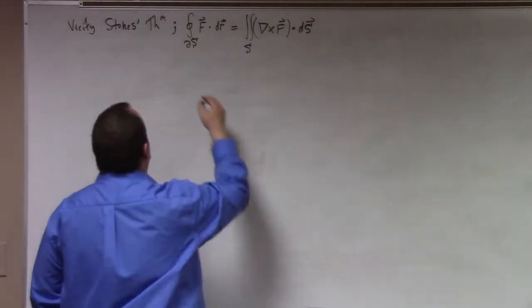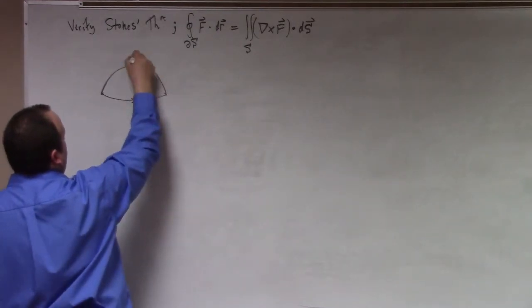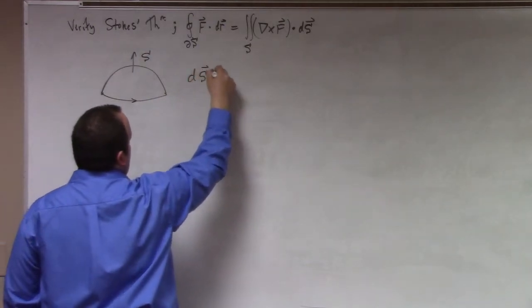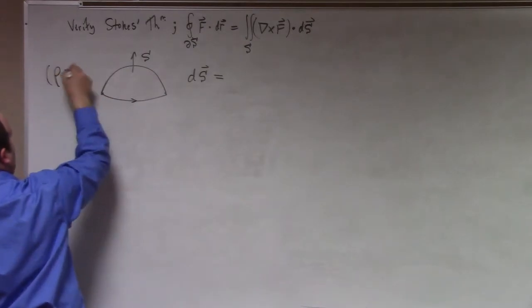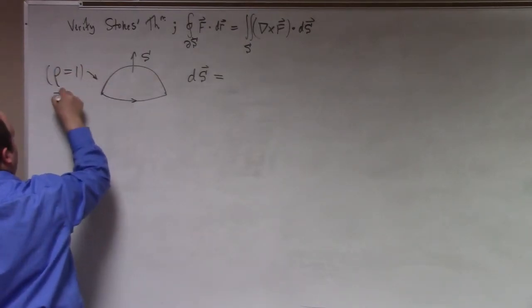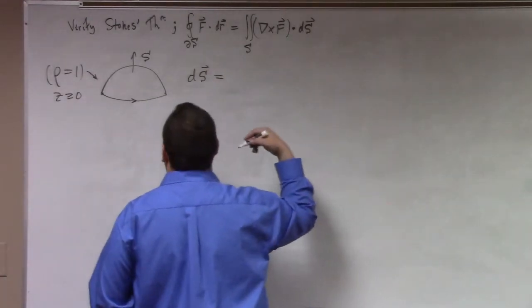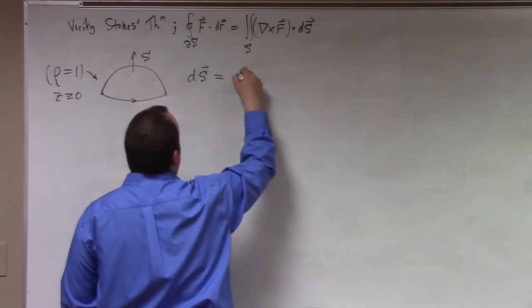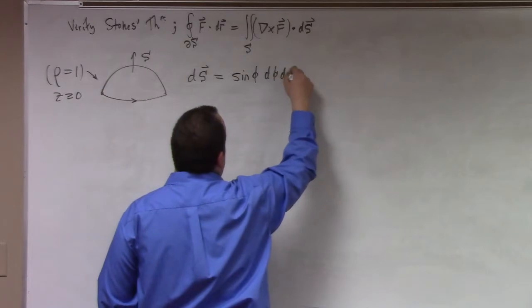So here the S was the hemisphere. So dS, we know, is the unit hemisphere, rho equals 1, z greater than or equal to 0. The surface area element here is exactly sine phi dphi dtheta rho hat.